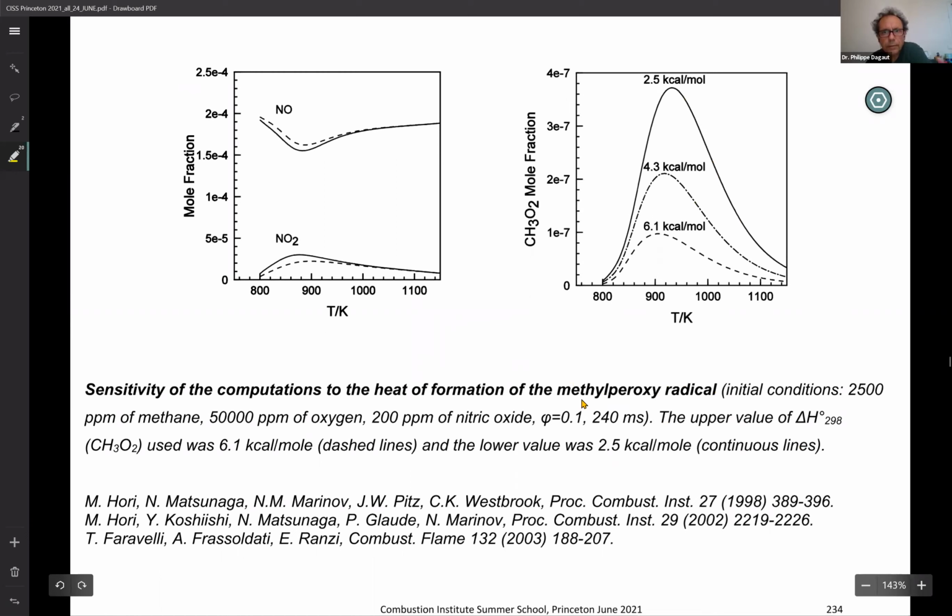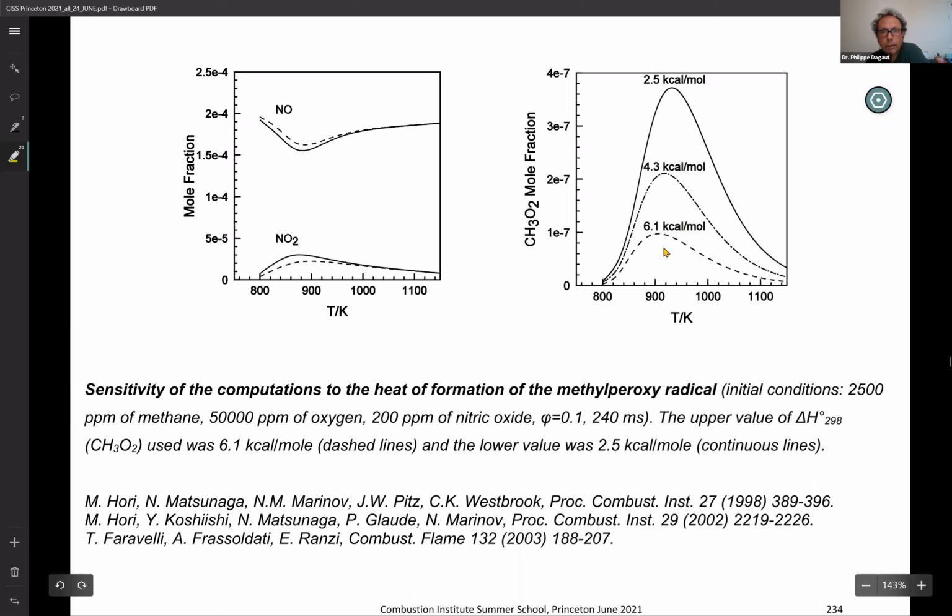Modelers figure out that the prediction of the formation of methyl peroxy radicals is very sensitive to the enthalpy of formation of CH3O2.